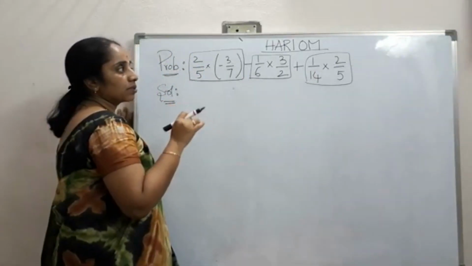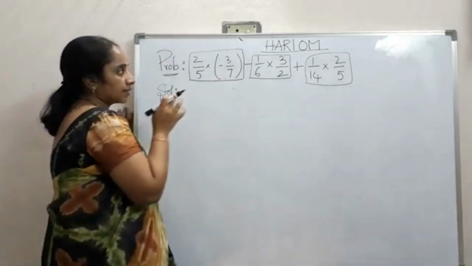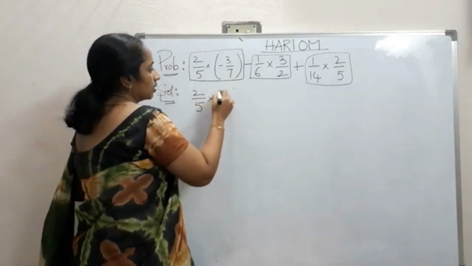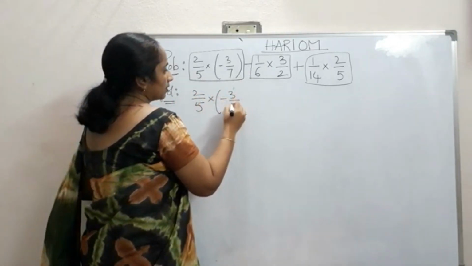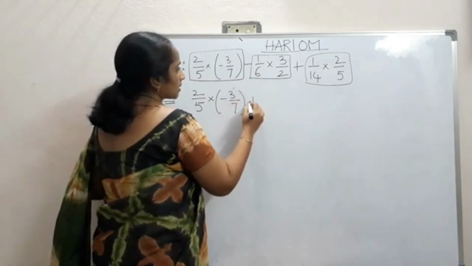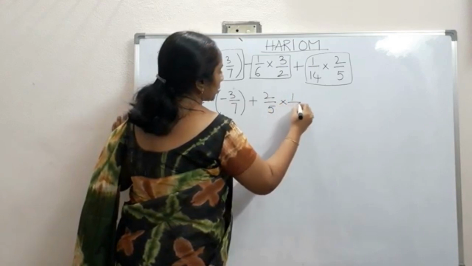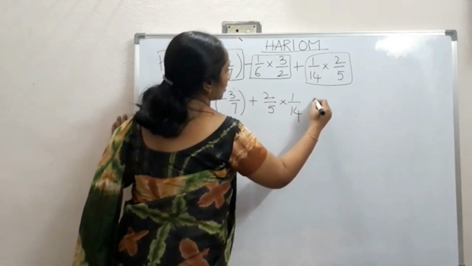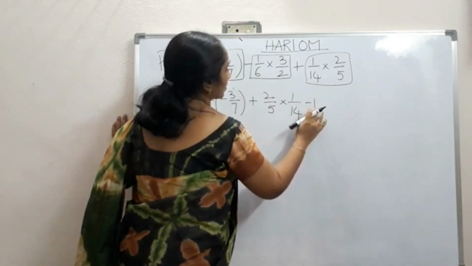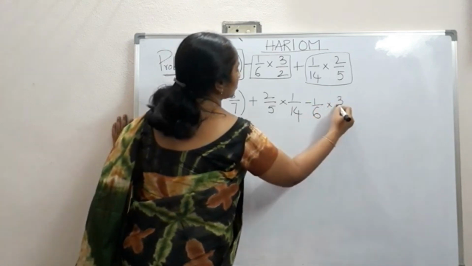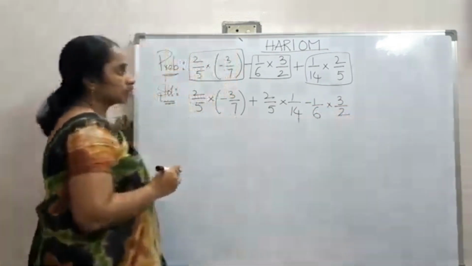So, from the associative property, take the term 2 by 5 into minus 3 by 7 plus 2 by 5 into 1 by 14 minus 1 by 6 into 3 by 2.